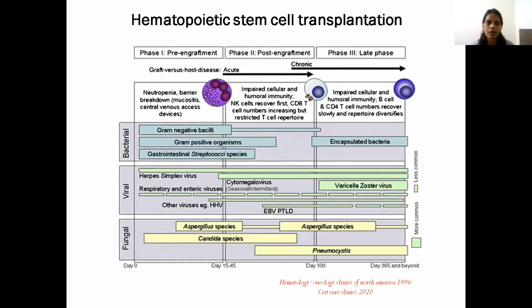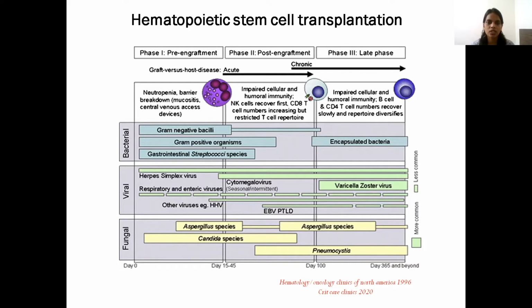The pre-engraftment period is seen in the initial 30 days. Here, conditioning regimens are used and the stem cells are infused for the stem cell transplantation. The conditioning regimens are used to destroy the neoplastic cells, but along with that, they can also destroy the normal hematopoietic cells, that is neutrophils, monocytes, and macrophages.